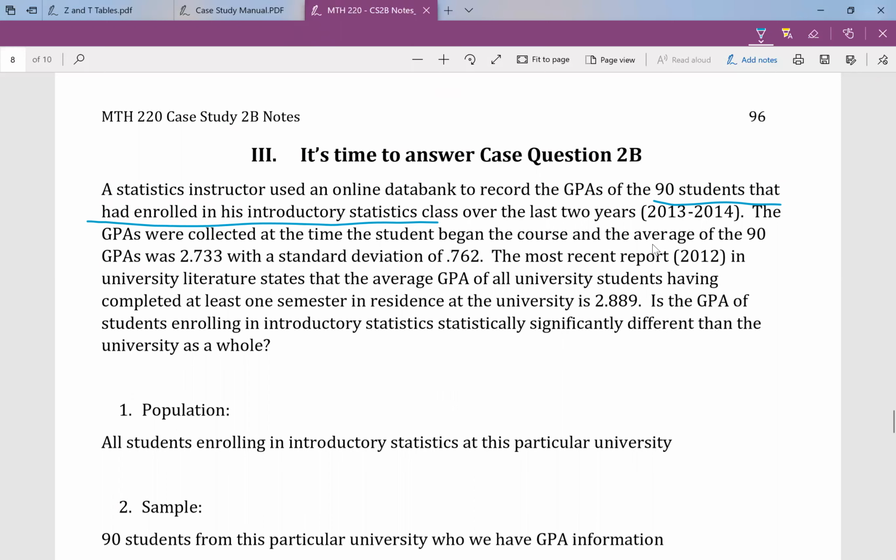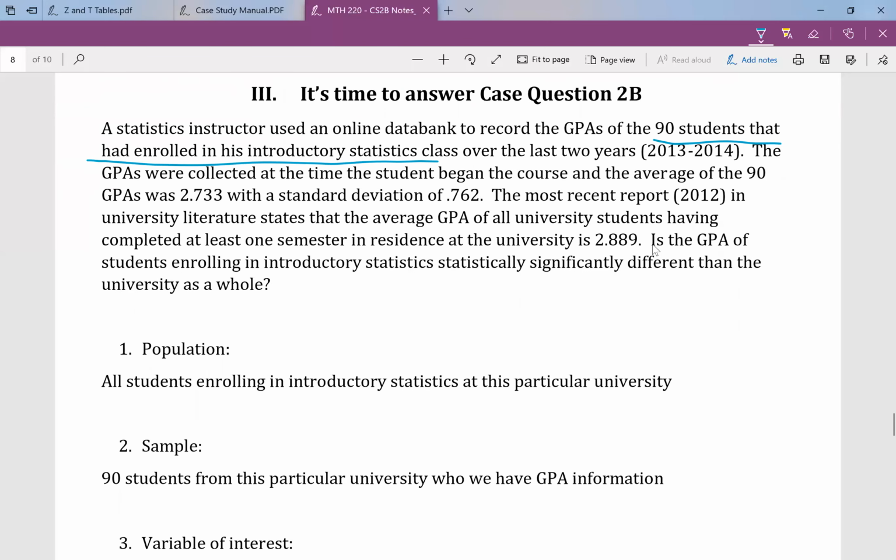The other thing to note is that we are talking about this particular university. So population, all students enrolling in introductory stats courses at this university. Sample, 90 students at this particular university who we have GPA information on.